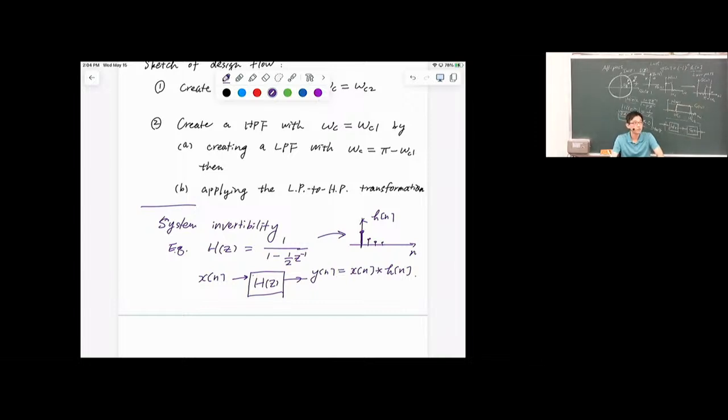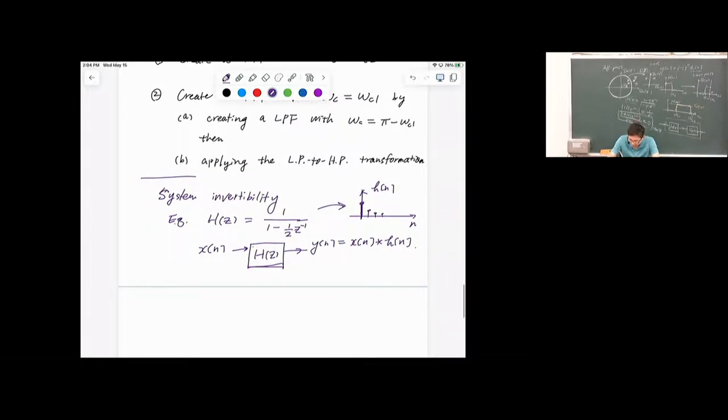Can we undo it? Okay, and the answer is yes, we can. So simply define G(z) to be equal to 1/H(z), and in this case, it's simply 1 minus 1/2 z inverse, which is an FIR.